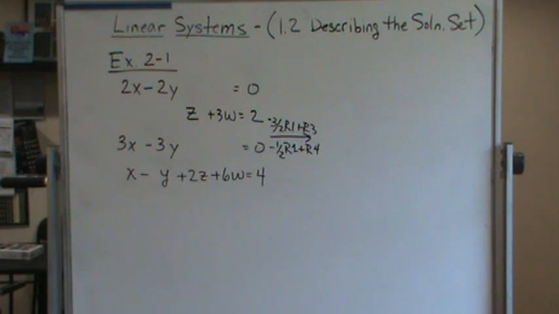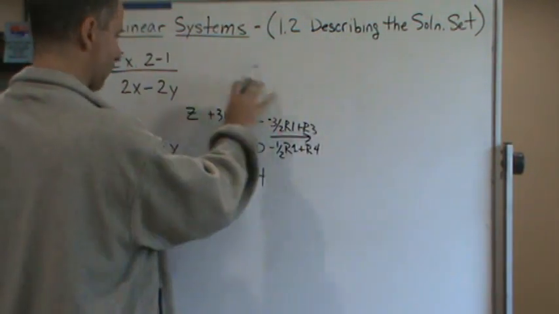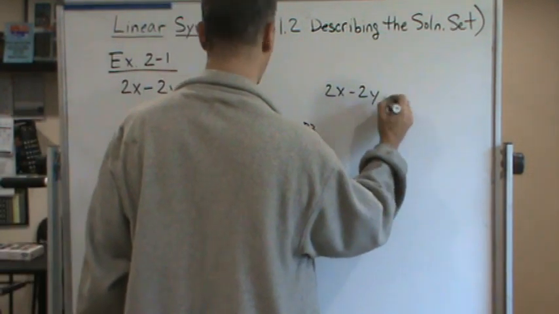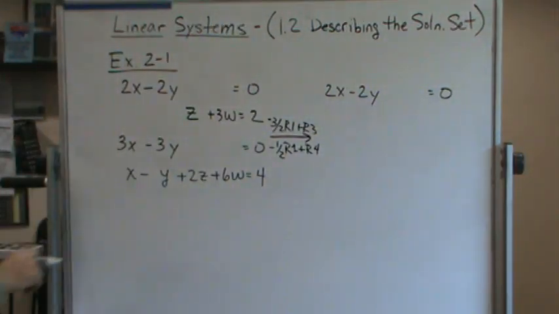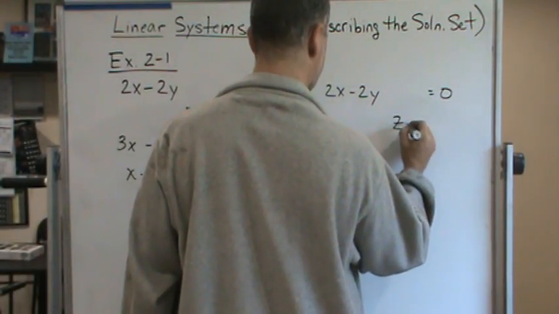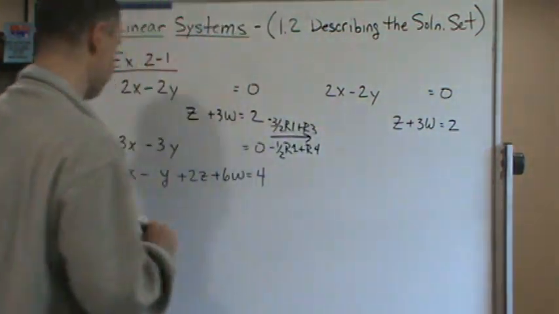Obviously, this is going to stay the same, so we get 2x minus 2y equals 0. And of course, this is going to stay the same too, so we get z plus 3w equals 2.